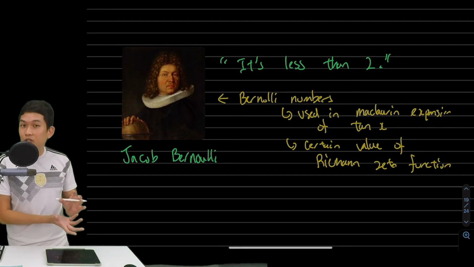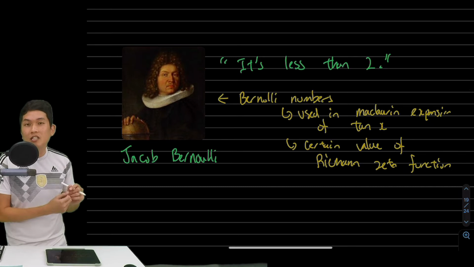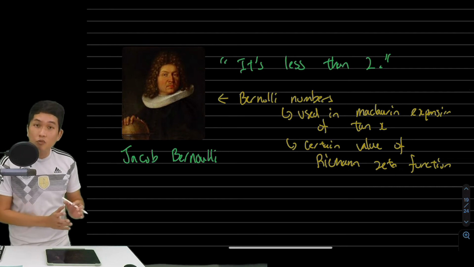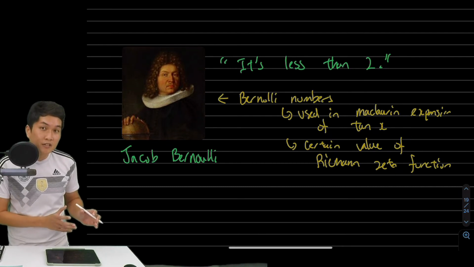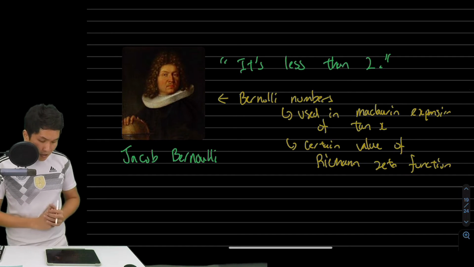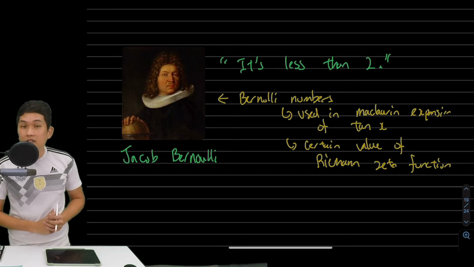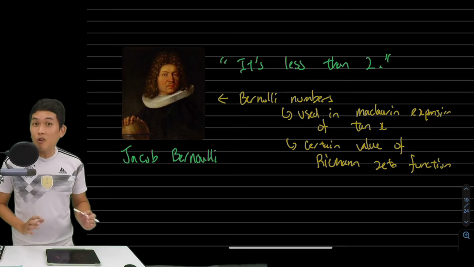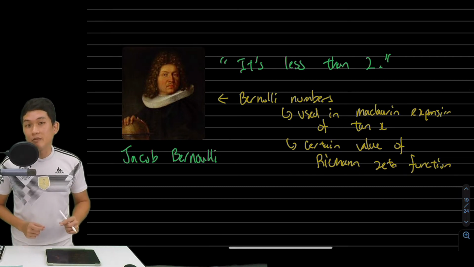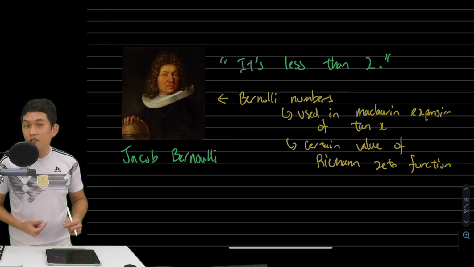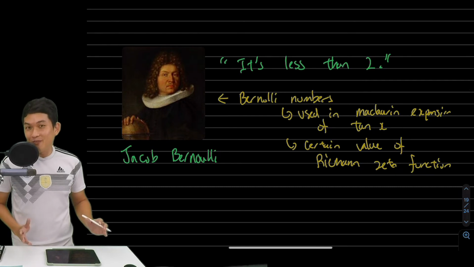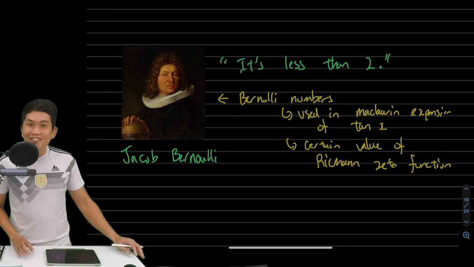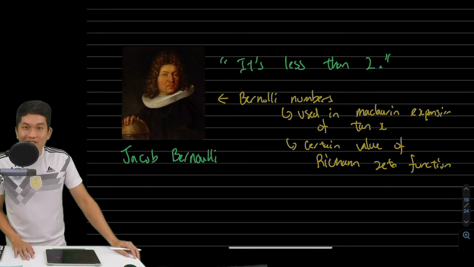This Bernoulli number is not only used in Maclaurin expansions, it's also used in other areas of mathematics. Most notably, it is used in certain values of the Riemann zeta function. Now, if you ask any mathematician, they will know that the holy grail of mathematics is the Riemann hypothesis. This is a problem that if you solve, you get $1 million cold hard cash. So if you're gunning for $1 million, you can try your hand at the Riemann hypothesis.